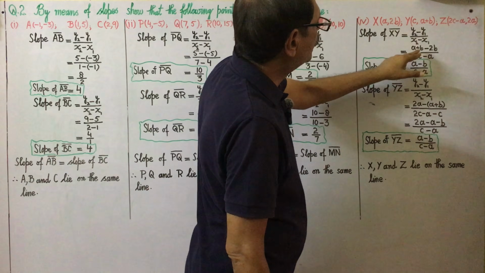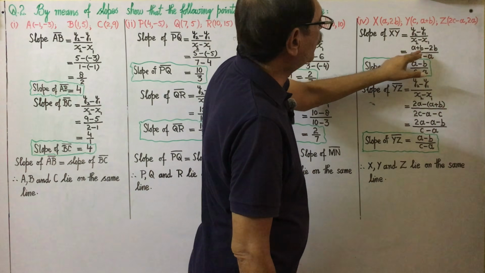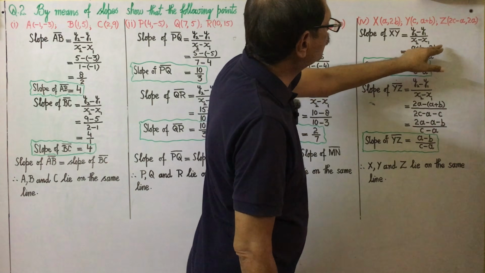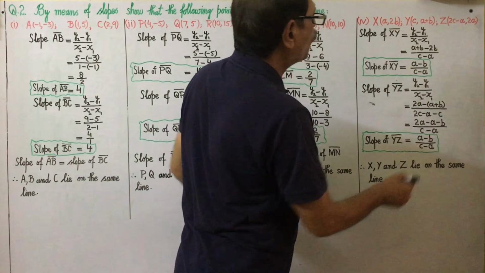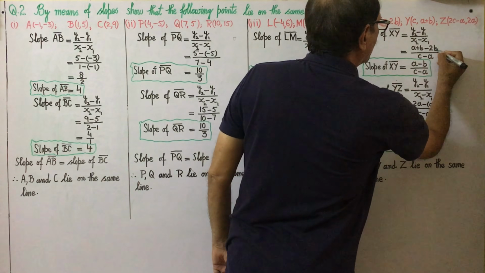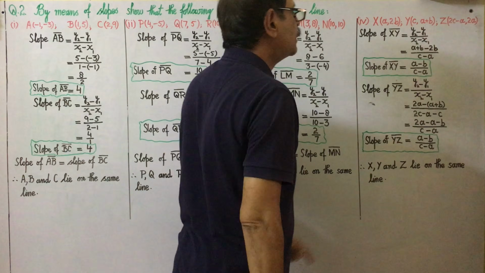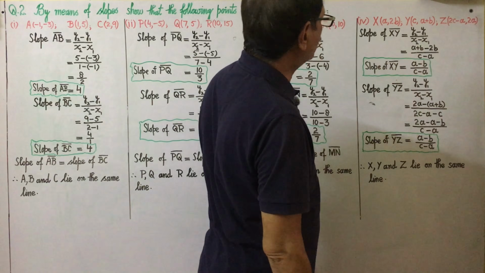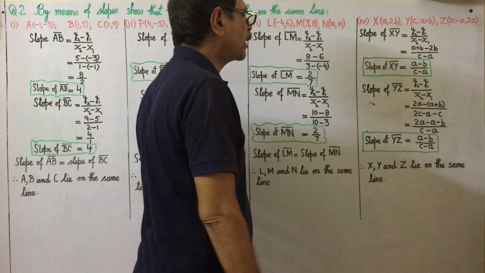A plus 2b minus b plus b minus 2b is equal to minus b. So in the numerator a minus b and in the denominator c minus a. This is slope of XY.